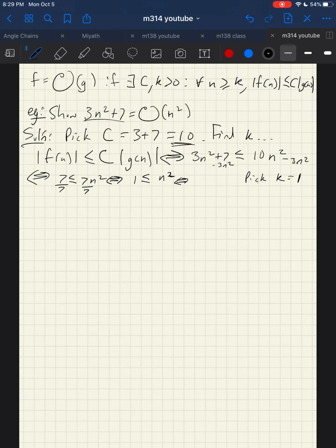This is essentially saying I can take the square root of both sides, and I'll get n is bigger than or equal to 1. And because of that, I'm going to pick k equal to 1. So this is like my k appearing here. All right, and since I've picked my c and I've picked my k, and as I've gone through these calculations one way, I could also go back the other way. This satisfies my big O criterion.